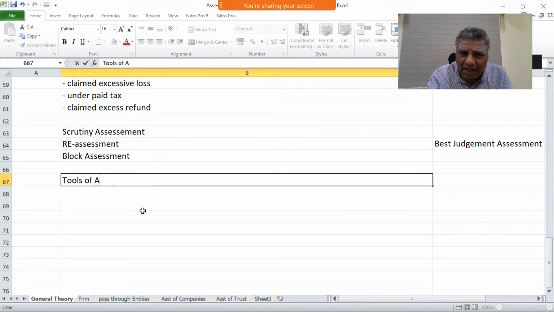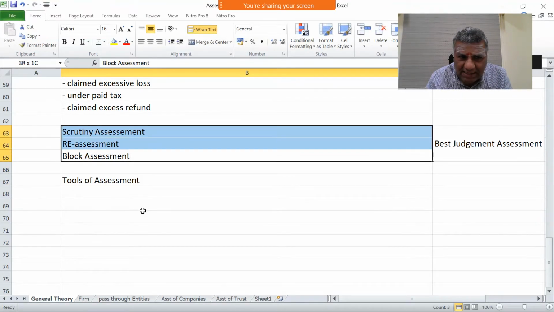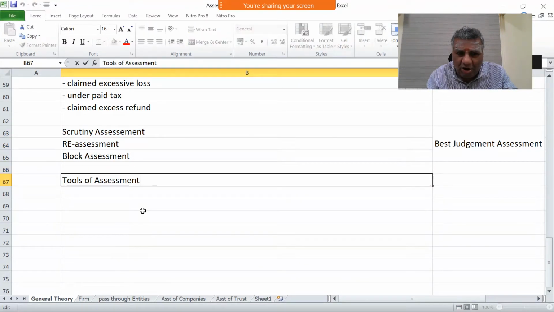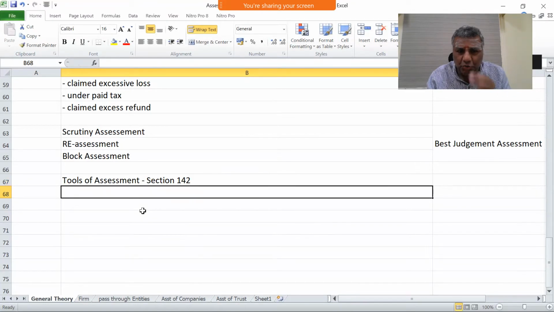Tools of assessment. To do these three assessments, I need a lot of information. That is all contained in section 142. Section 142 is a common section. Can I repeat again?